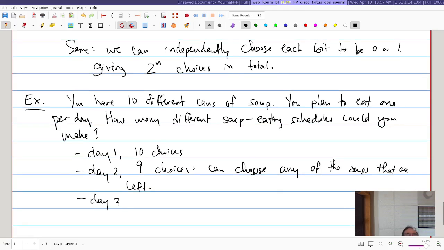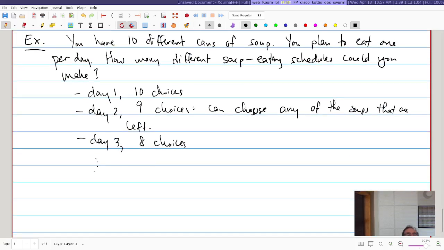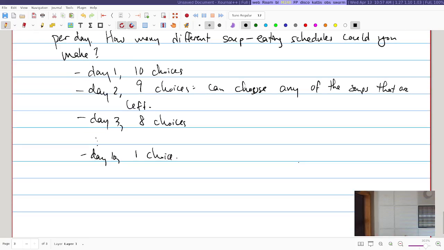On day 3, we'll have 8 choices, etc. On day 10, we'll only have 1 choice, whichever the one that's left, that's the one you're eating today. You don't get to choose. I mean, you already made your choice by eating the other ones. So the total number of choices is, of course, 10 times 9 times 8 times ... times 1, or we could write this as 10 factorial.